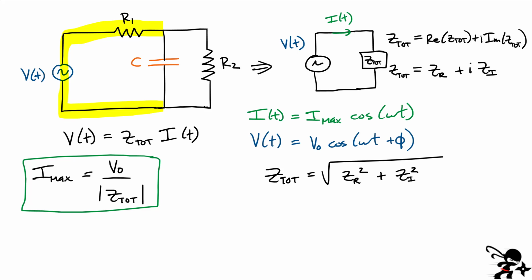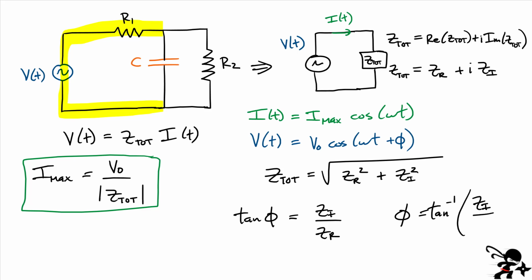Now, how do you find the phase angle? If you have a real and an imaginary part of this impedance, right away you can write that the tangent of this phase angle is equal to the ratio of the imaginary part over the real part. So the phase angle is inverse tan of ZI over ZR.